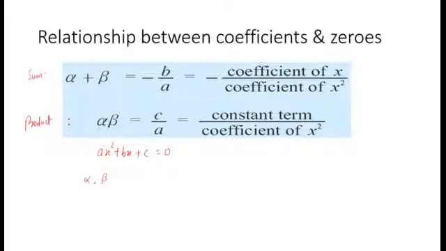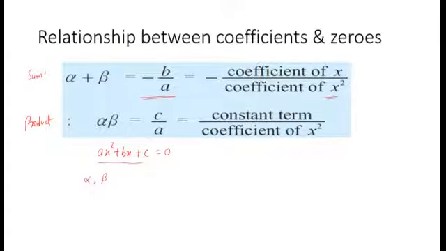If I want to find the sum, I can directly take minus b upon a, where b is the coefficient of x and a is the coefficient of x squared. You can see in this example over there.